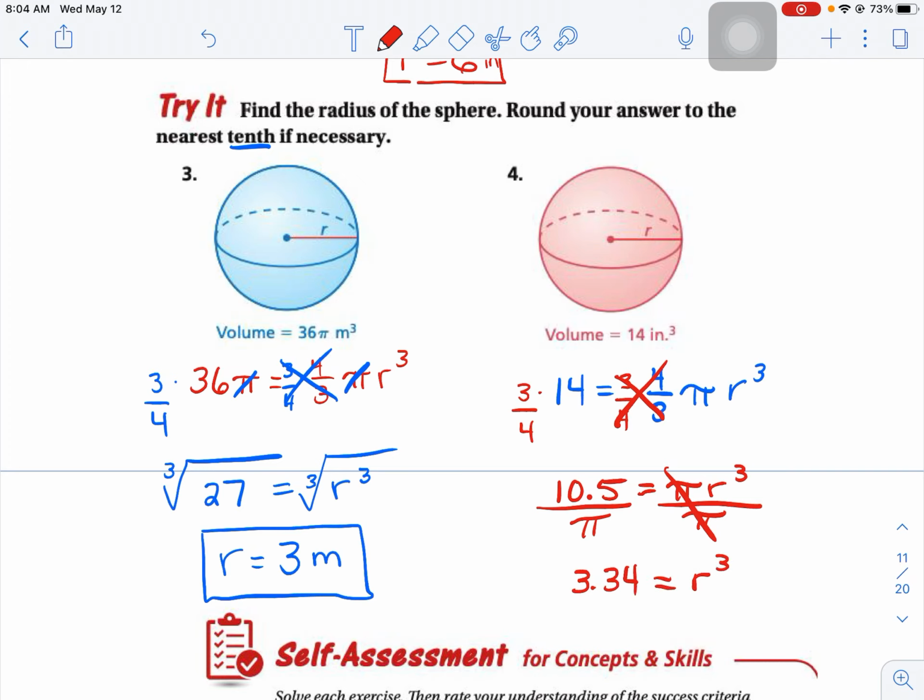Then I'm just going to use the answer in my calculator and round at the end. I'm going to take the cube root of that answer. And when I do that, I end up with r equaling, oops, I forgot to write it. r equaling about 1.5 inches.